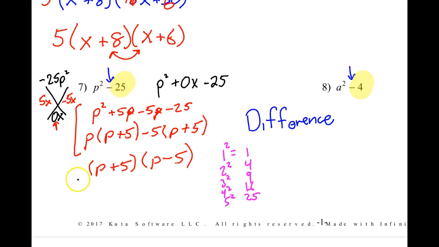So you can see how I'm quickly getting this answer here, p plus 5, p minus 5. That's because I can look at this and see, well, it's a difference of two things that are being squared. P squared minus 5 squared, so I know it's p plus 5, p minus 5. So you can use the 0x in the middle, and that'll work, and just do it like normal.